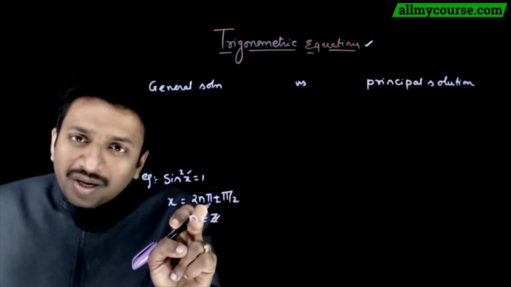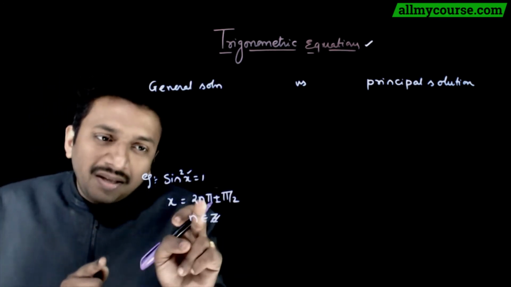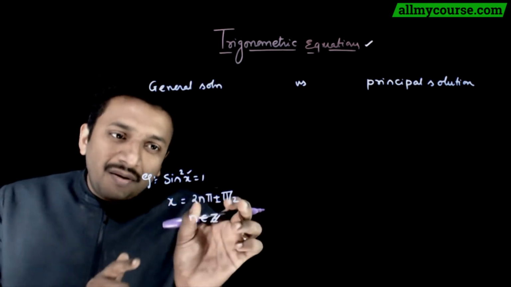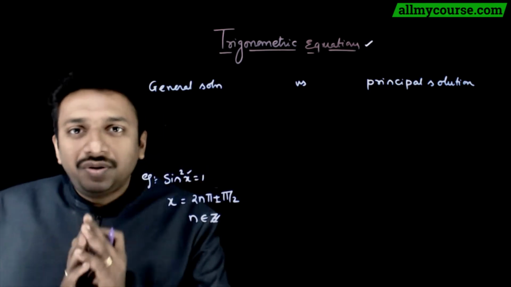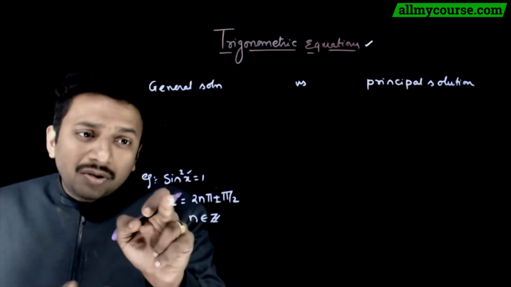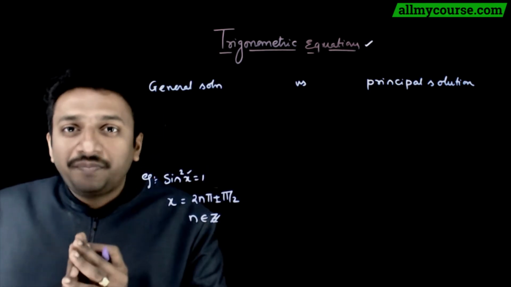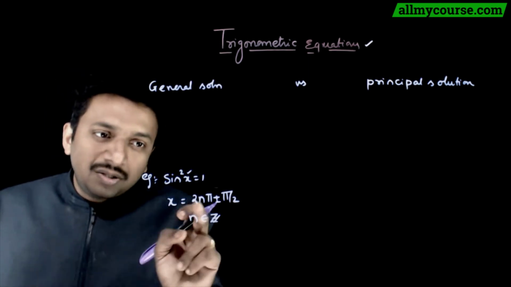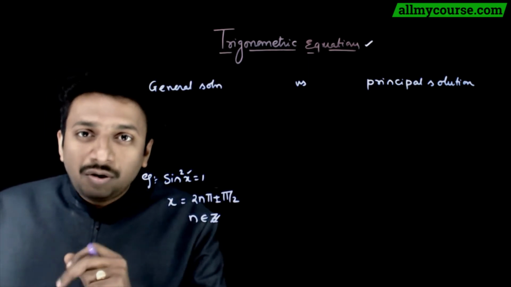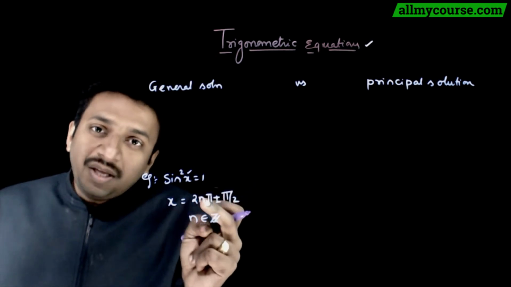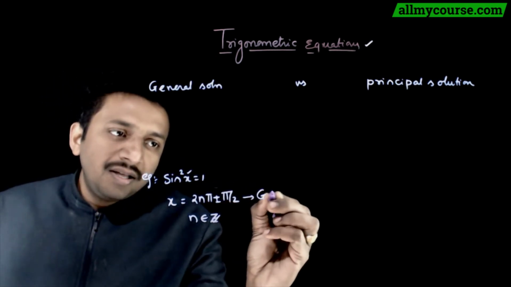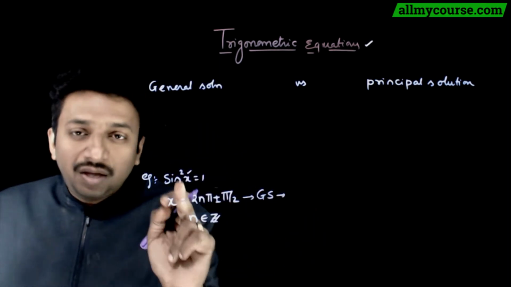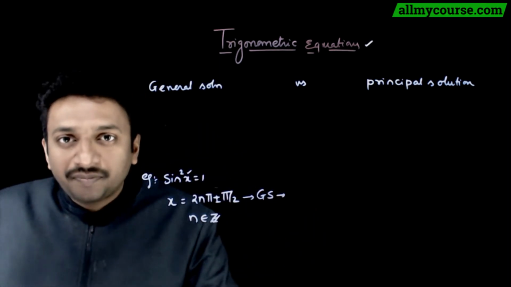That means if you put different integers in the place of n, you go on getting different values of x, and each of the values is a solution to this equation, and all the solutions of this equation can be expressed in this form. It works in both ways. This has to express all the solutions, and all the solutions have to be of this form. So this is called the general solution of the equation sine square x is equal to 1.